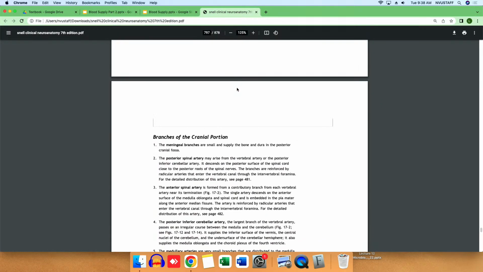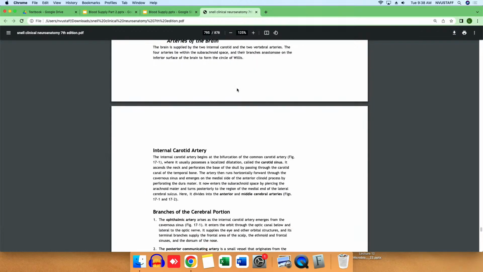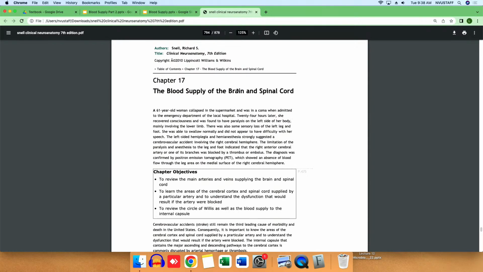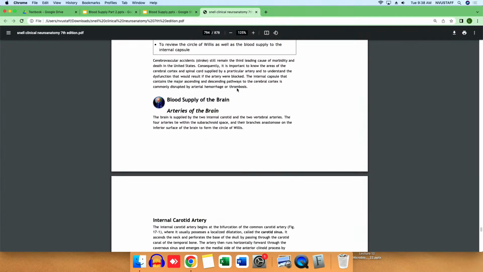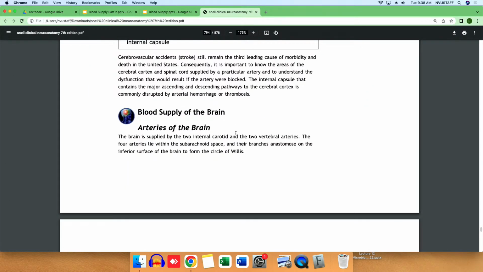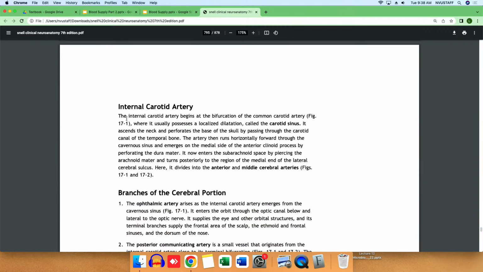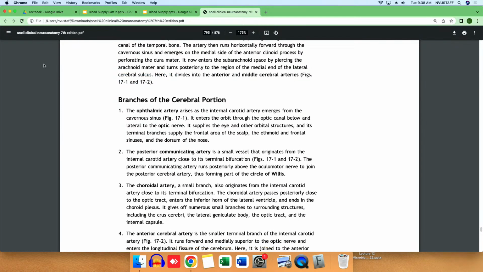So here we can continue to see how it looks. In the case of Snell, it's done in a bit of a different way, to be honest. You see that we have the blood supply of the brain, starting with the arteries of the brain, and it just tells you some words about the internal carotid artery, and then goes directly towards the branches.